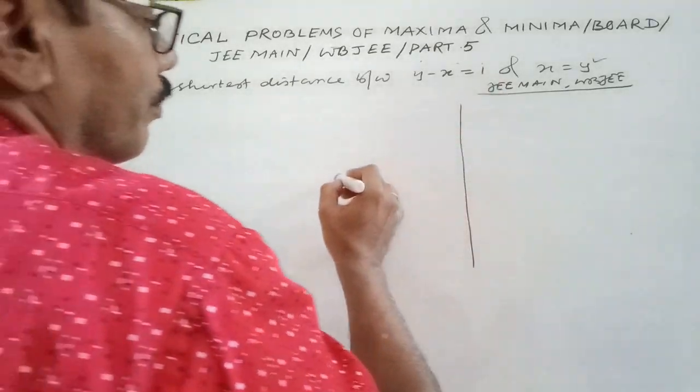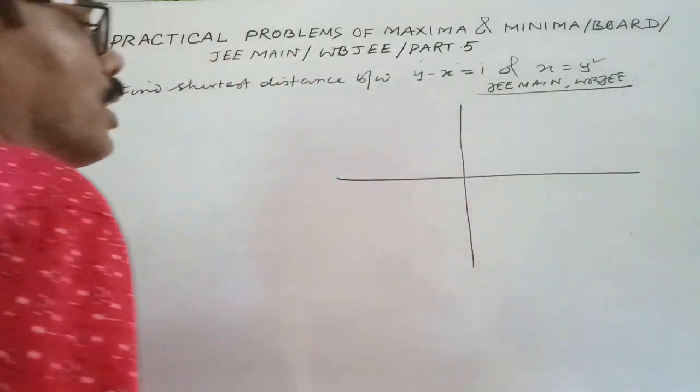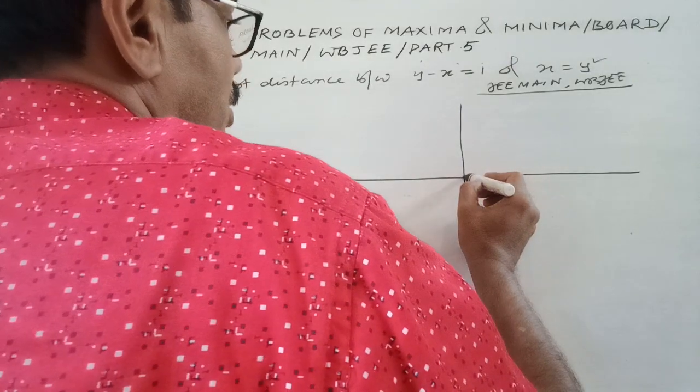Because y minus x equals to 1, what will be the straight line?